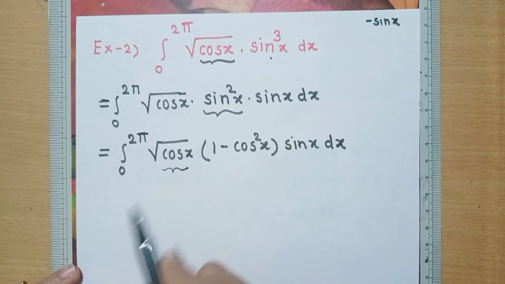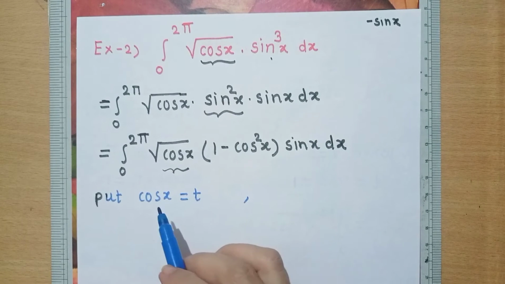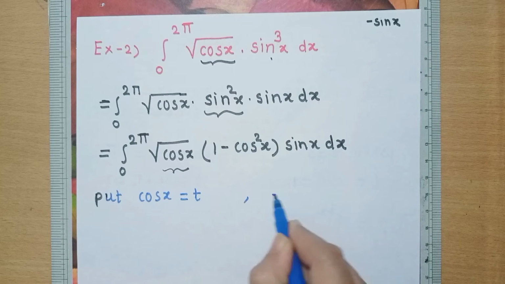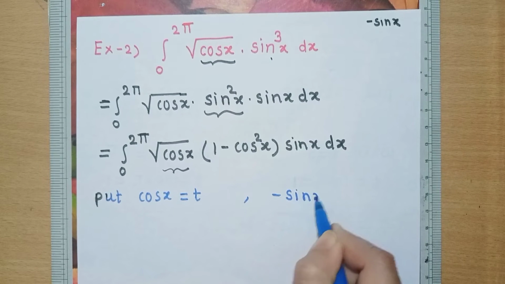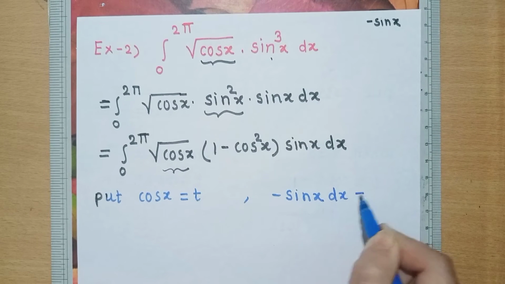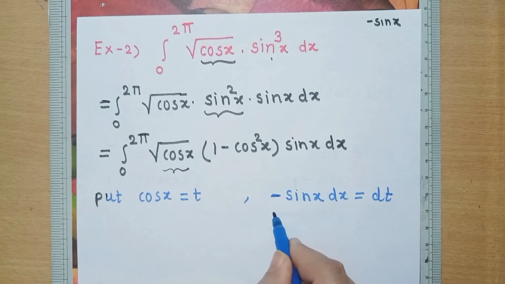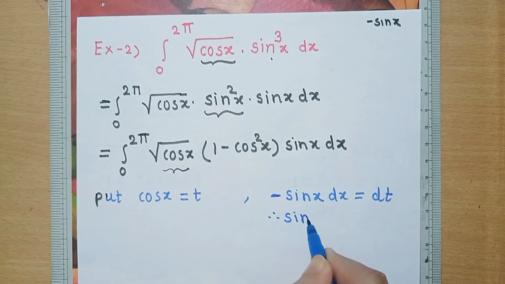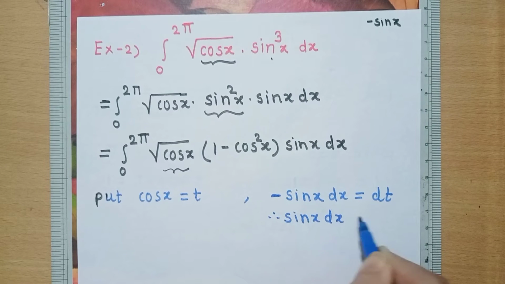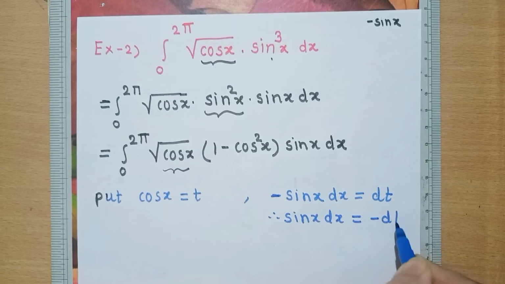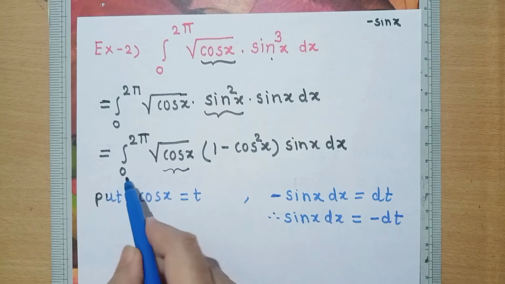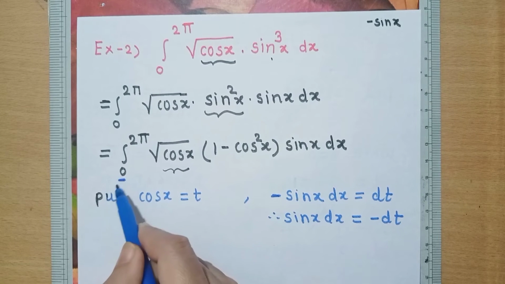Now we can substitute this cos of x equal to t, and therefore the derivative of cos x is minus sine of x into dx equal to dt. Again we will move this minus sign to that side, and therefore sine of x dx equal to minus dt. And again we have to replace these limits also.